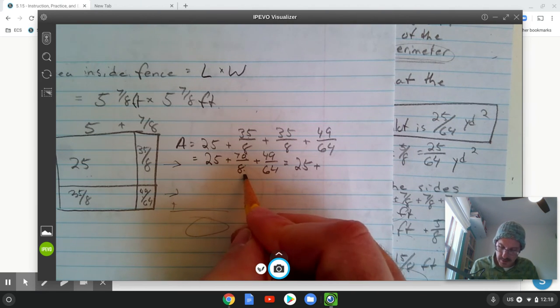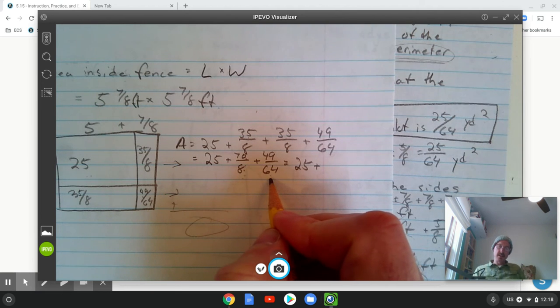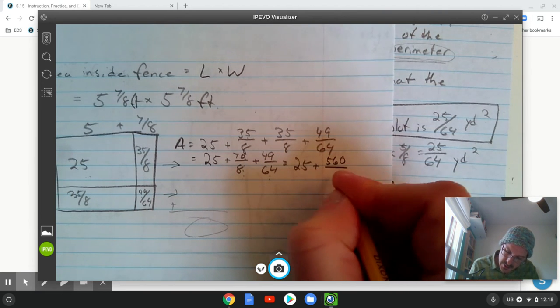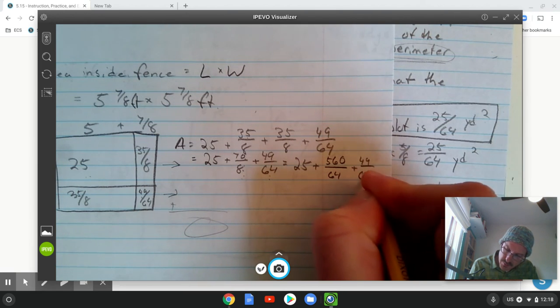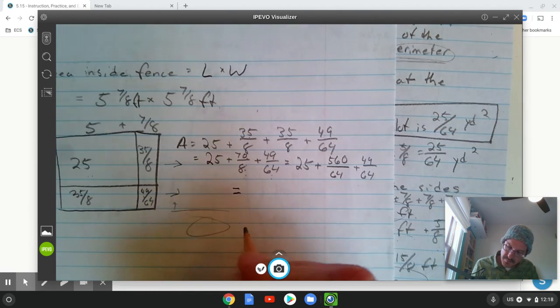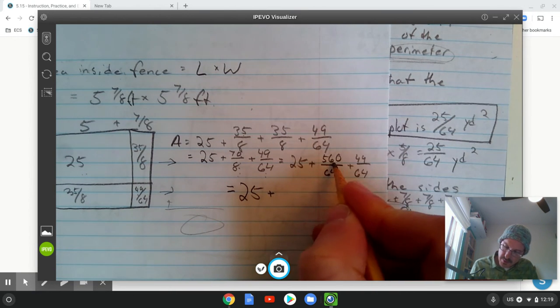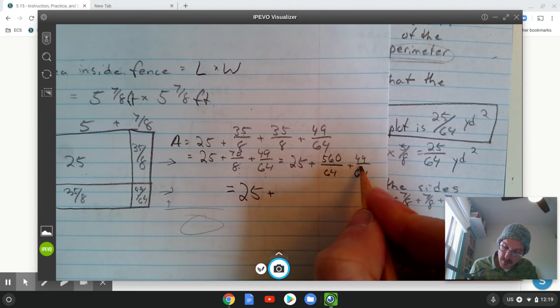So 8 times 8 is 64. And I'm searching for a common denominator there. So 560 64ths plus 49 64ths. Okay, keep going. So that's 25 plus 560 64ths and 49 64ths. So 560 plus 49 is 609.